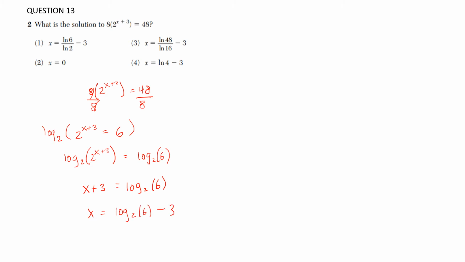Now, this matches none of our answer choices, so it makes us think perhaps we have to do some sort of log base change to this term. That'll start making us look like a couple of the answers. Once again, to review the log base change rule: log base b of a equals log base x of a over log base x of b.